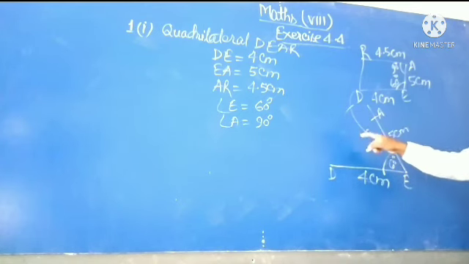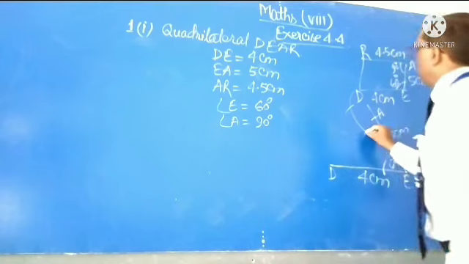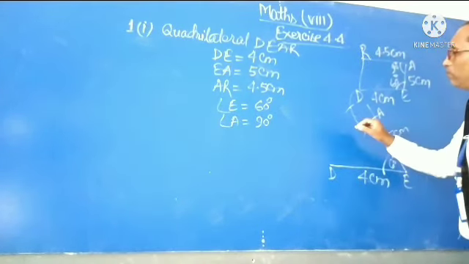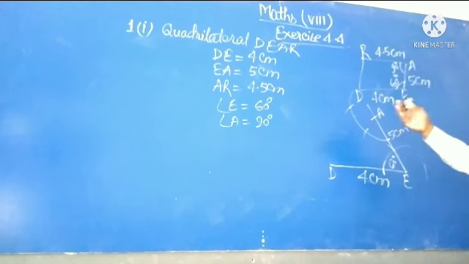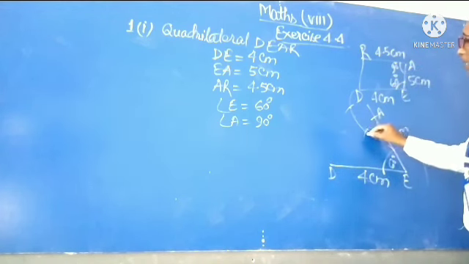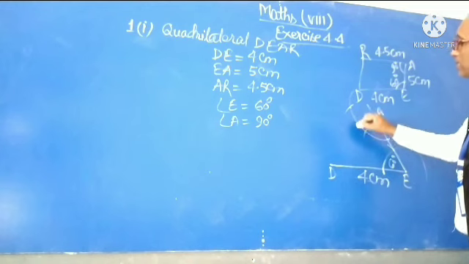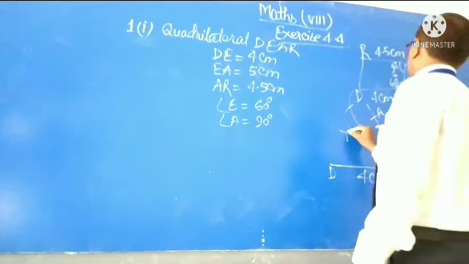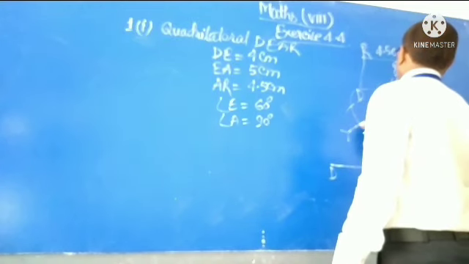Then you bisect these two. You take more than half distance from these two, and draw an arc from the centers respectively like this, and join it, you get 90-degree angle.